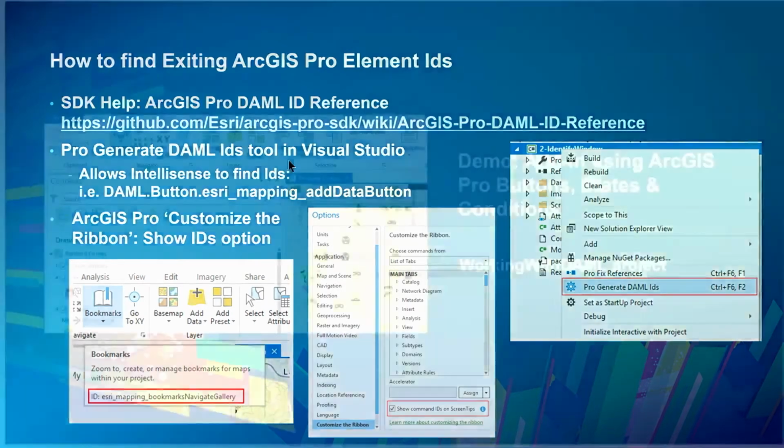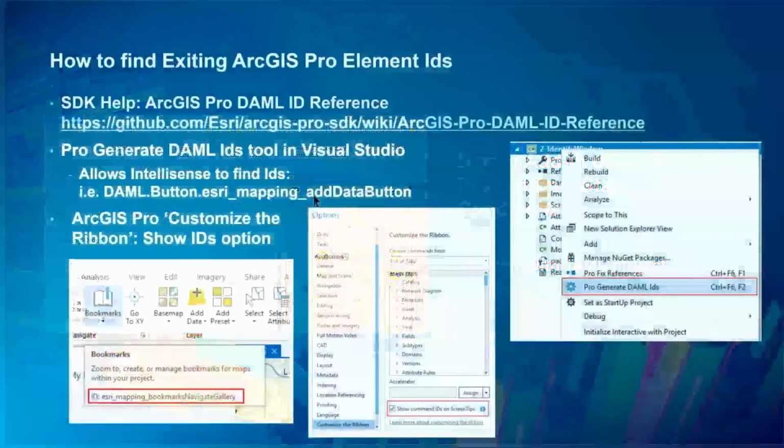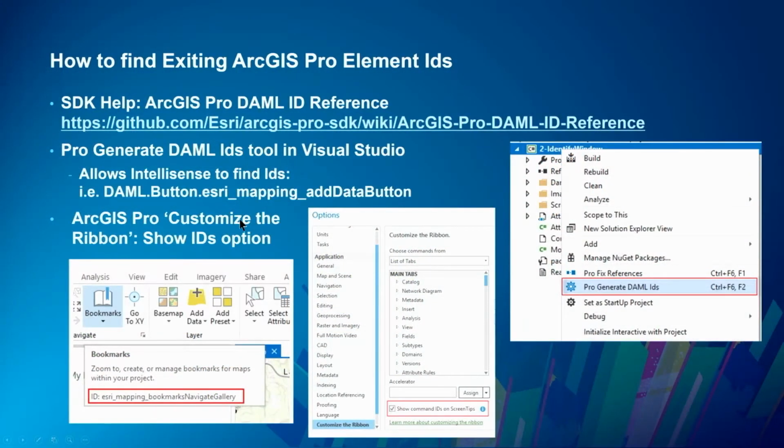So this is how you could find something as well using IntelliSense. And finally, let me go back. Previous. Got a little bit excited there, clicked on the screen. So finally, we can use ArcGIS Pro itself. There's an option to customize the ribbon. So you see a screenshot of the options here. If you scroll all the way down to customize the ribbon, there's a checkbox that you can check.